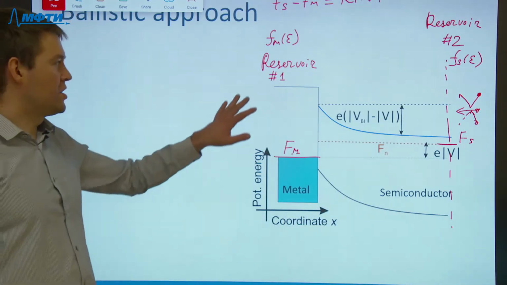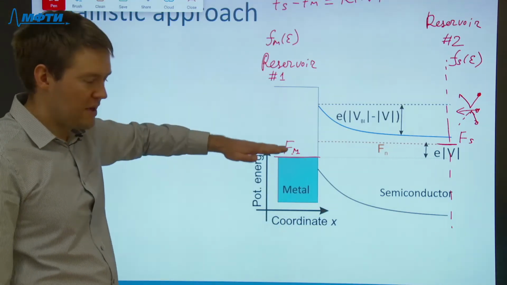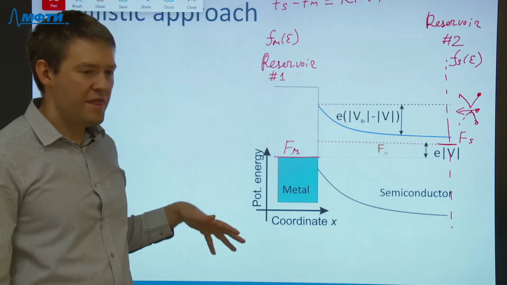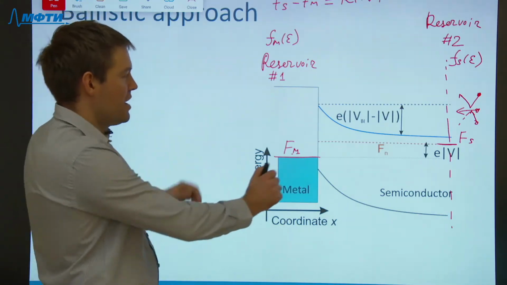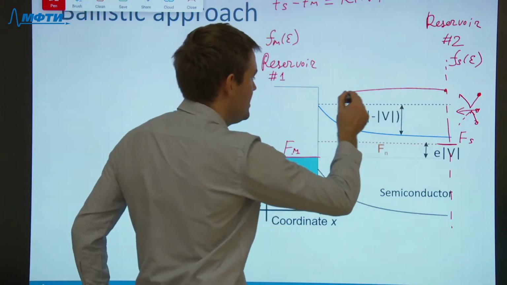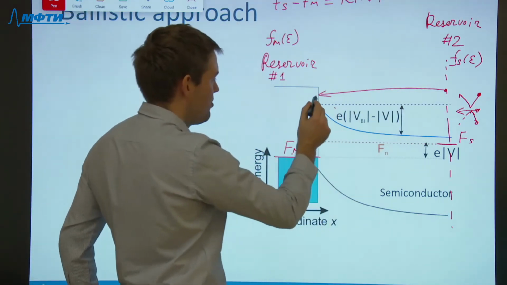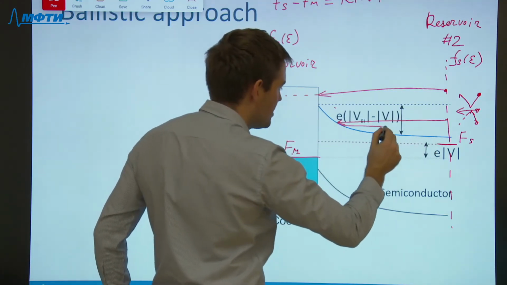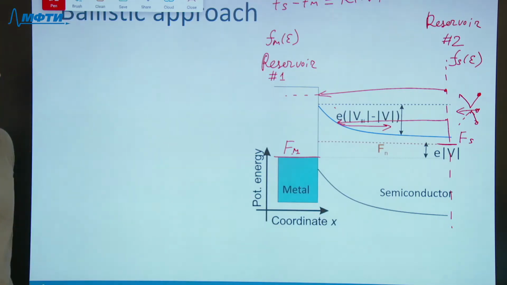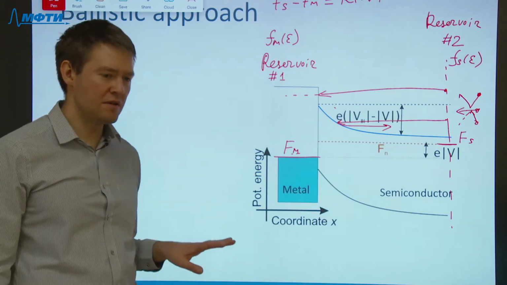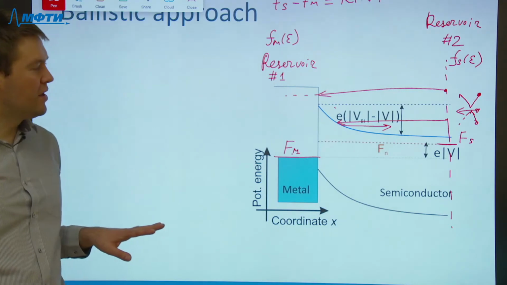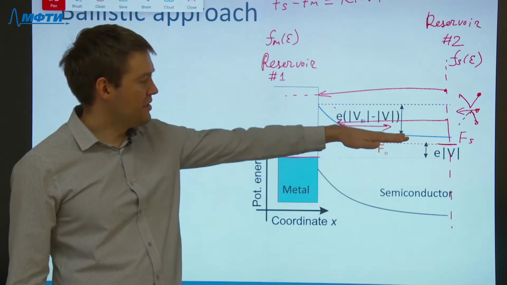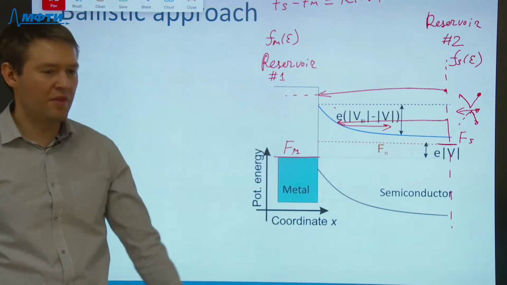So these functions are all known. The Fermi levels between them are known as well. And these reservoirs supply electrons that move ballistically and can either propagate over the energy barrier or be reflected from this energy barrier if their energy is not sufficient to overcome the barrier.